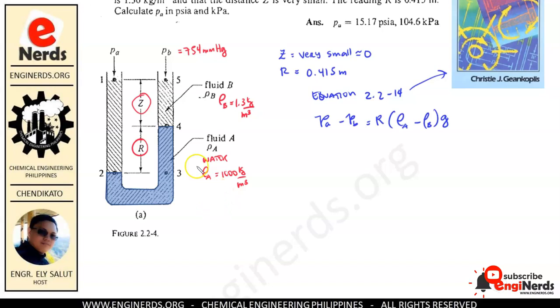Okay, so naintindihan natin sa mga previous lecture natin on pressures in static fluid that yung fluid natin will have the same pressure at any point on the same plane, di ba? So, for example, on this point, ang pressure natin dito is equal to pressure natin dito.